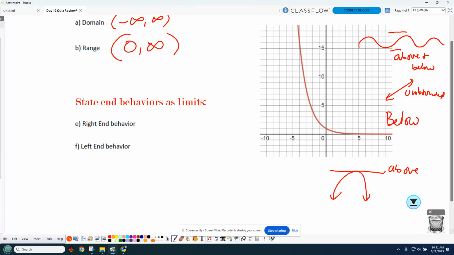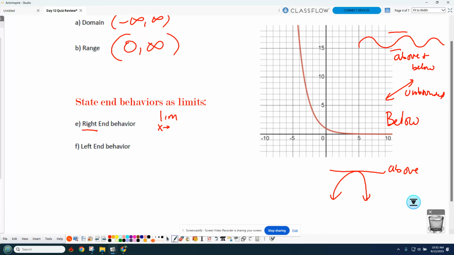Hold on. Let's write the end behavior. Cameron, how do we write the end behavior for the right side? Using limits. LIM. Okay, right end behavior.